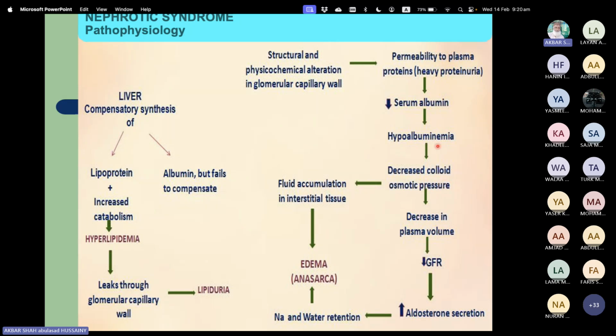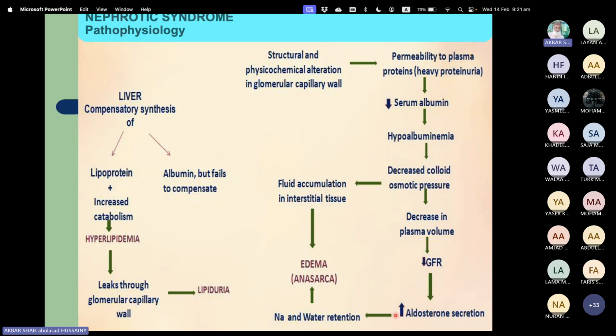So when albumin is less, that will decrease the fluid in the vascular area, and the plasma volume will decrease. When plasma volume is decreased, the GFR is decreased, and a reaction occurs in the body that when the GFR is low, the renin, angiotensin, aldosterone axis starts working.